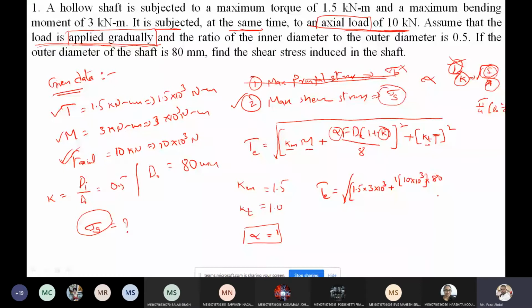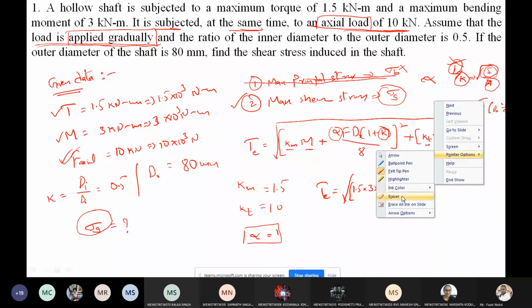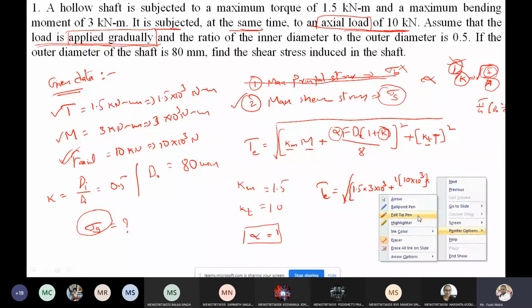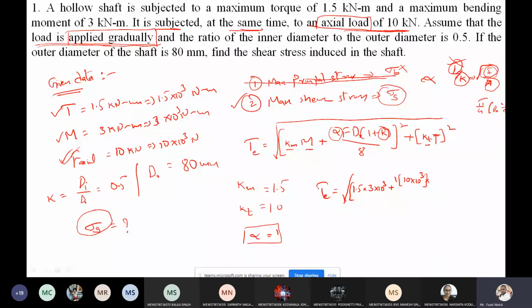So 80 mm, we need to write in terms of meters, because what is the unit of torque? Newton meter. So for that reason we are substituting all the values in terms of meters. So 80 mm means 0.08 meters.